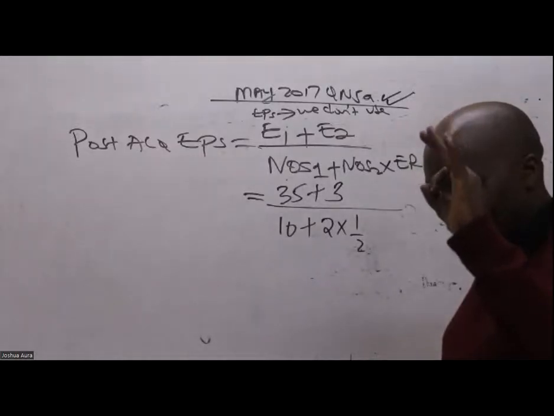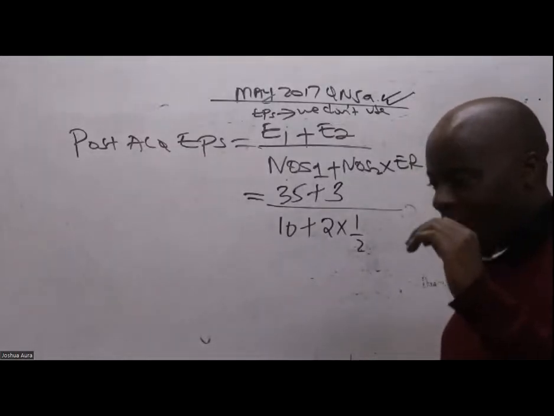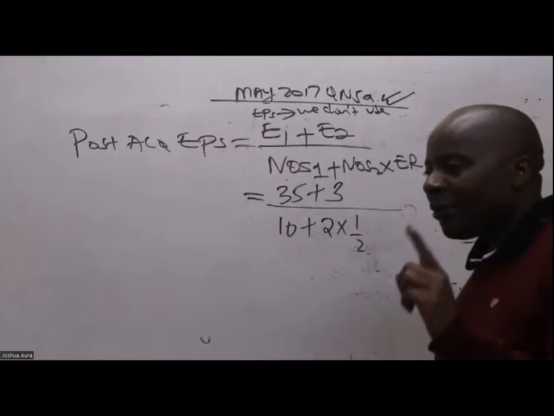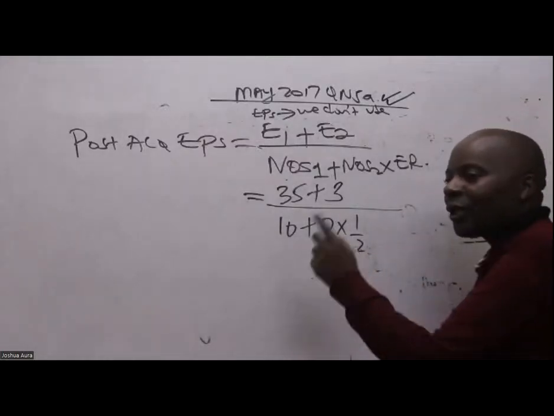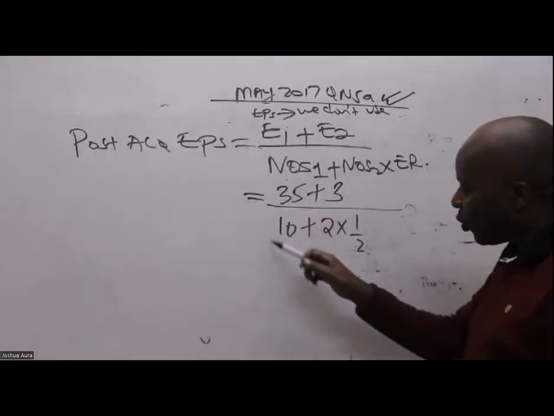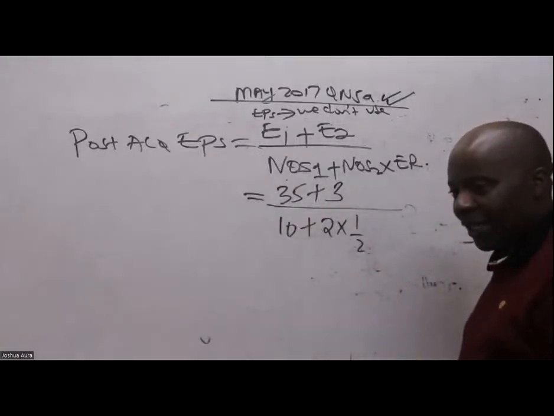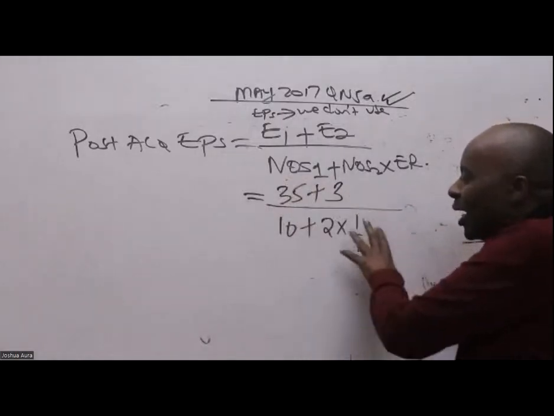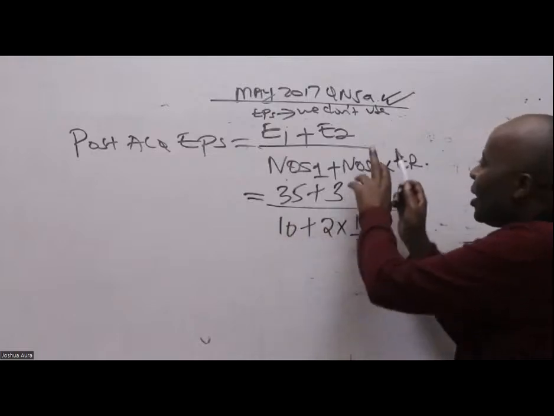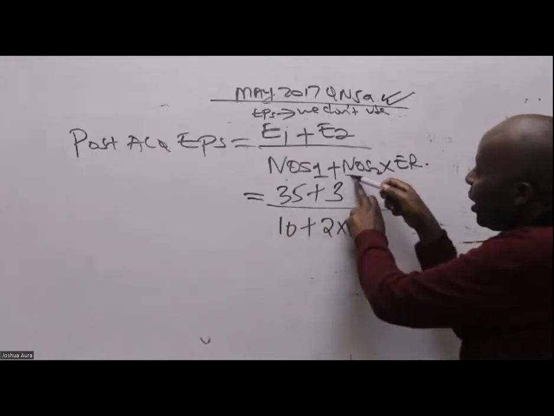Part 3, Brian. Thanks for asking. A half. Somebody has asked whether this a half is supposed to multiply with the whole sum, in short, whether you're supposed to have brackets. Again, the devil is a liar. We shall always rebuke him. You can imagine a student who comes all the way up to here and then puts a bracket. You see here, this exchange ratio is only affecting this.